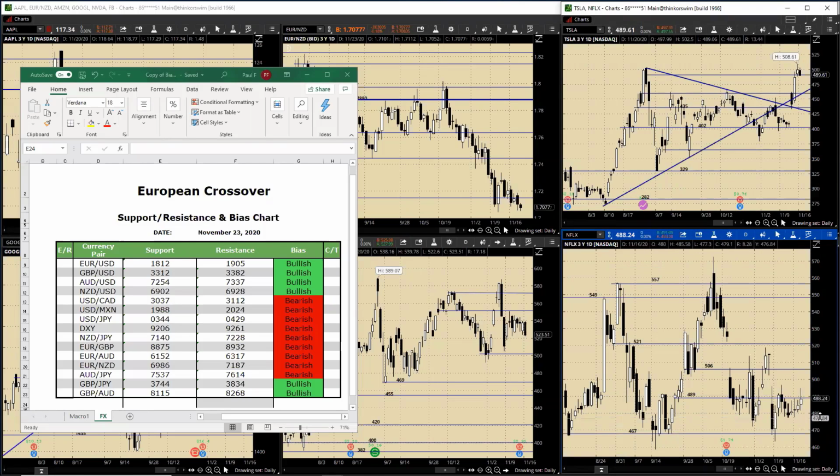Take a look at where we stand right now. Here's Netflix on a daily. We need to get above that 492 to try and spark some type of movement. Tesla looking a little bit tired after challenging above 500.